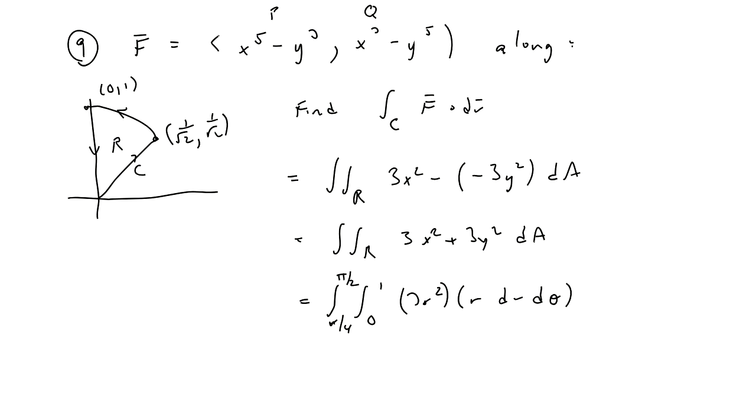It's supposed to be pi over 4. And here, unless you really want me to, I'll do my usual thing, which is, you can see this is a pretty easy integral. It's just 3r cubed. So we could get this as a number, but I'm going to stop there unless you want me to actually do it. It's just 3/4, 3/4 times pi over 4.